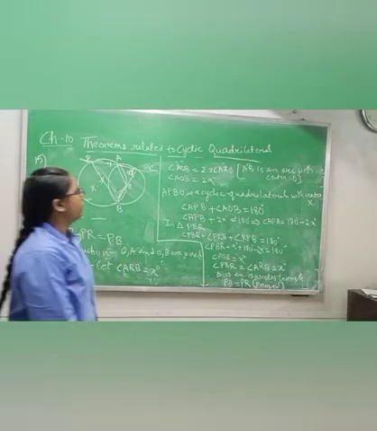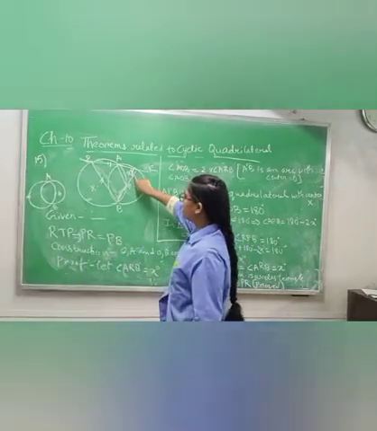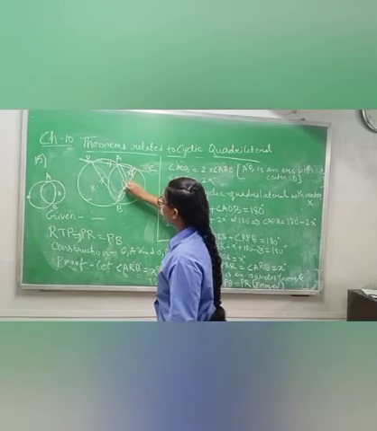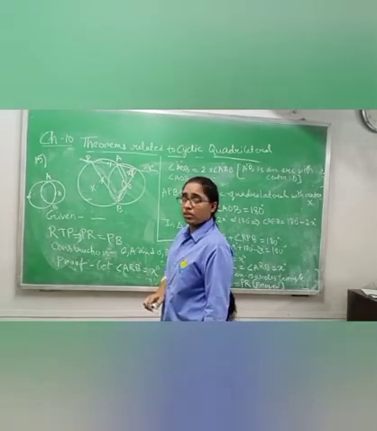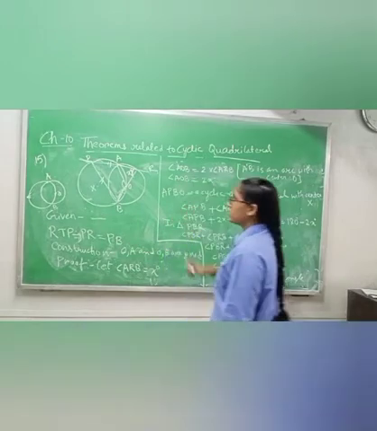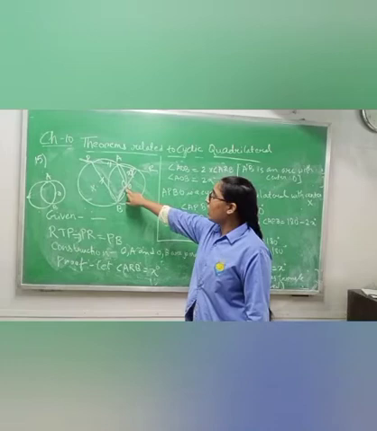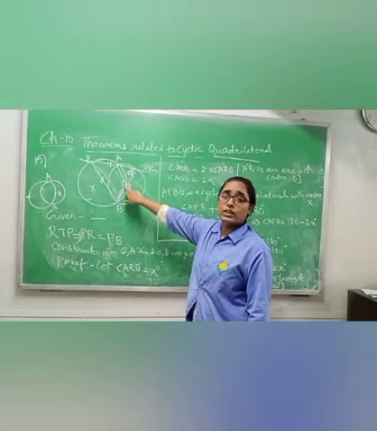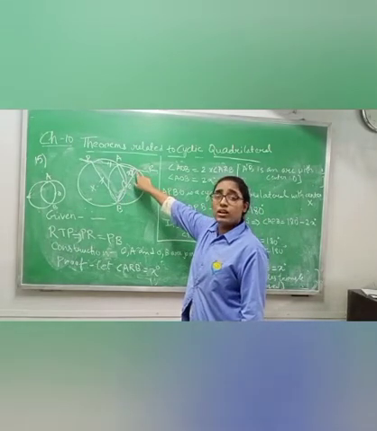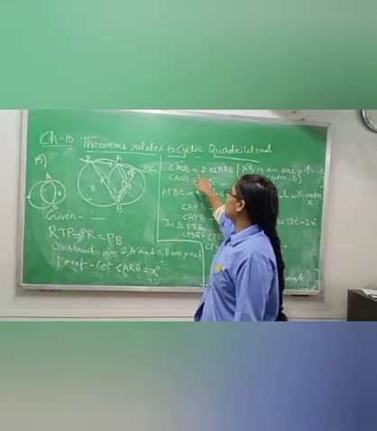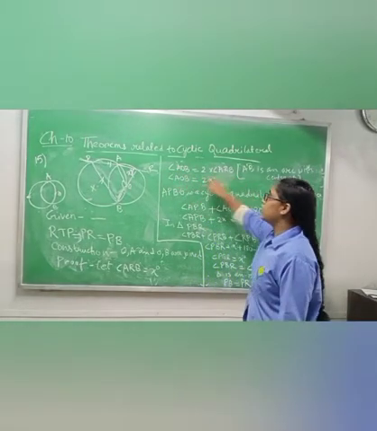Now, if this is x degrees, this is on the circle and this is the center of the circle. We know from the theorem, cyclic theorem 38, that the angle at the center of the circle is always double the angle on the circle. That is why I have written angle AOB equals 2 times angle ARB.